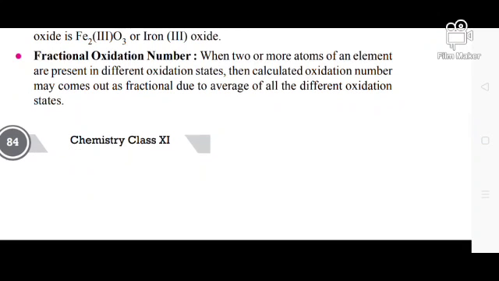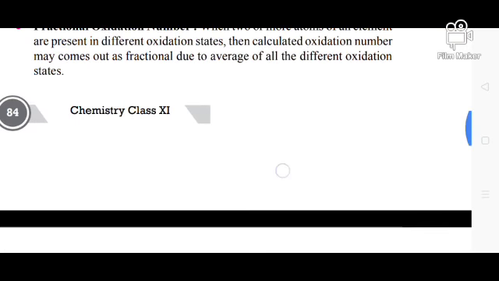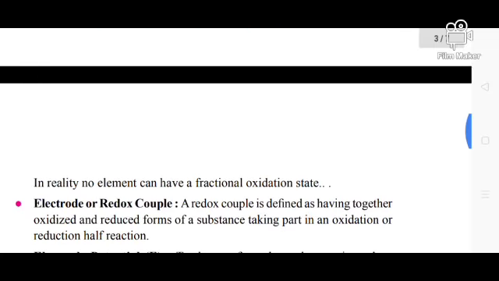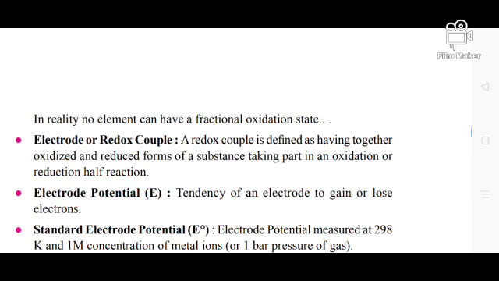So sometimes we observe that the oxidation number may be fractional. So this is the general idea. But in reality, no element has a fractional oxidation state till now. But we cannot say that in future a fractional oxidation state will not come. It may come.